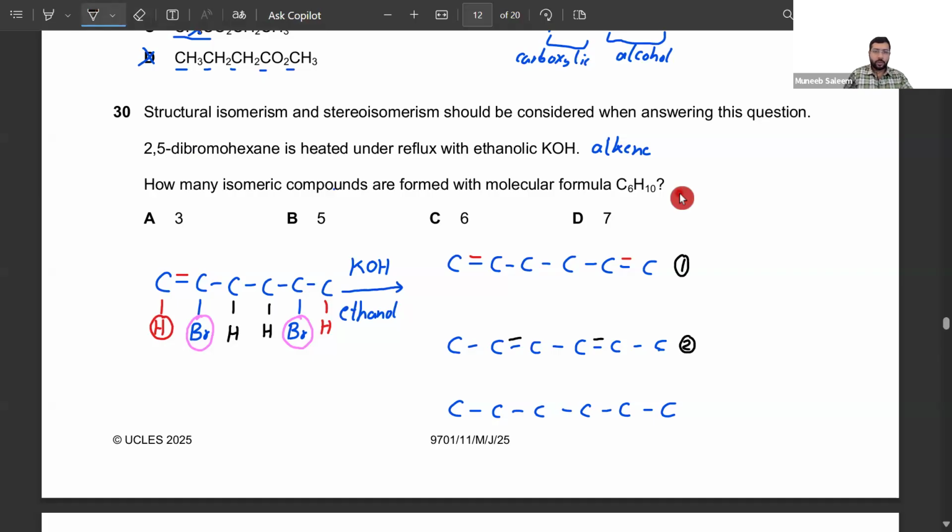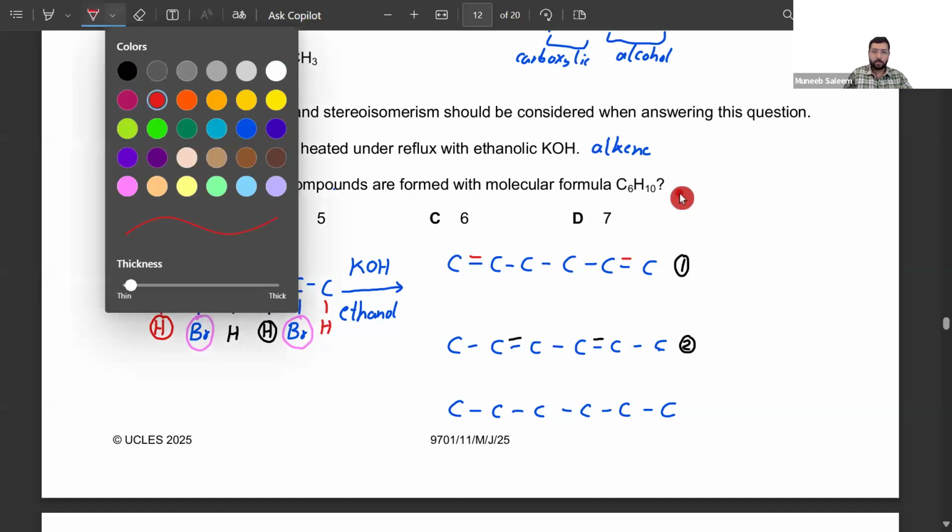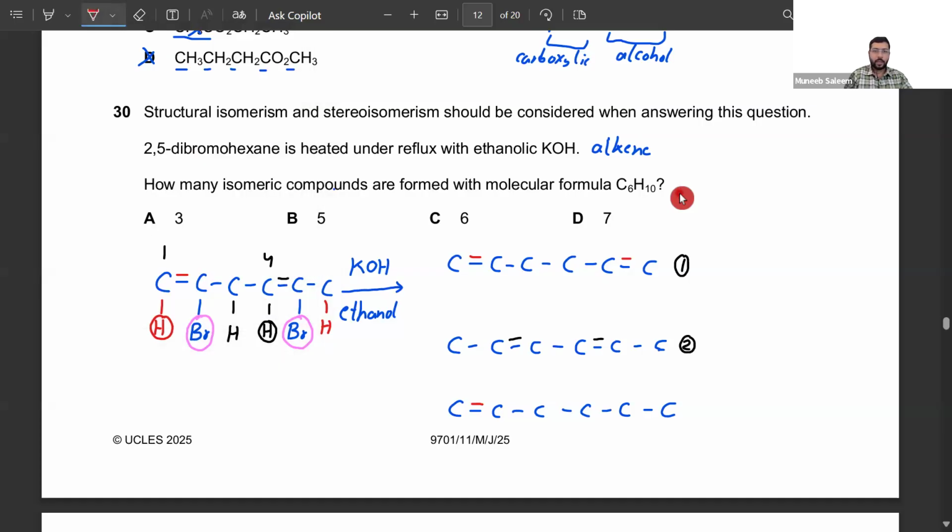So this is the hydrogen that I will remove. Now in that case, the double bond will come over here. So at position 1 and 4, we will have the double bonds present. The first double bond will come at carbon number 1, and the other double bond will come at position number 4, right over here. Now in this case, I have another isomer formed.